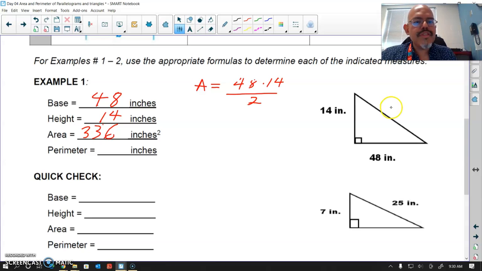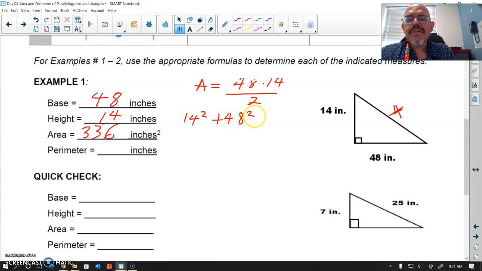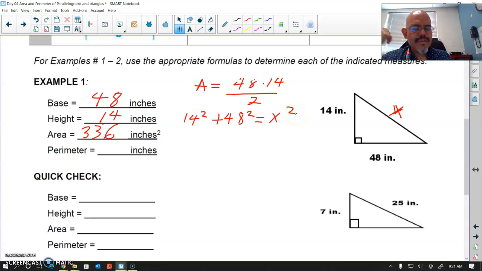Now we need to find out what this part is. I'm going to call that X, because we can't do the perimeter unless we have that length. So 14 squared plus 48 squared is equal to X squared.